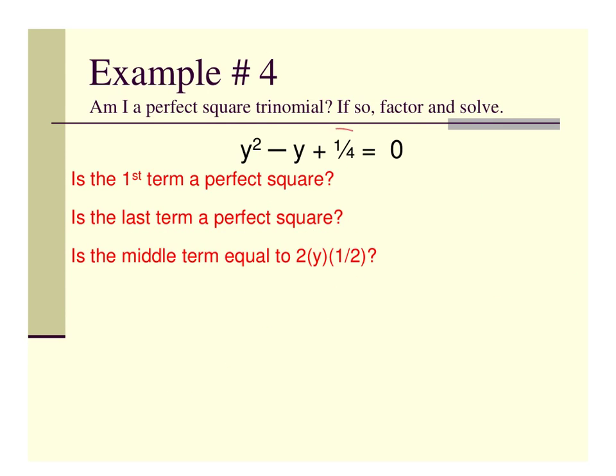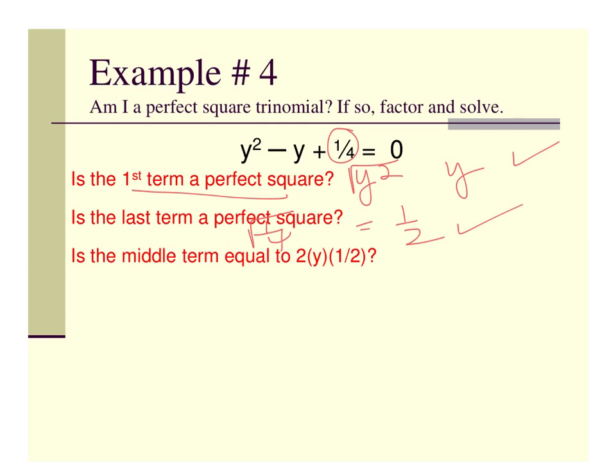Alright, even if it has a fraction, it can still be a perfect square trinomial. Same three questions. Is the first term a perfect square? y squared, the square root of y squared is y, so it's a perfect square. Is the last term a perfect square? 1/4. The square root of 1/4 is equal to 1/2, so it's a perfect square.